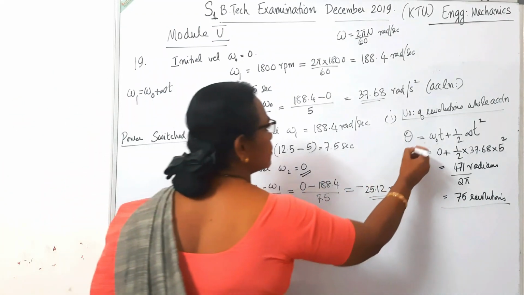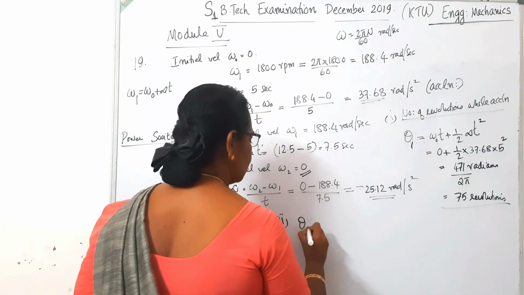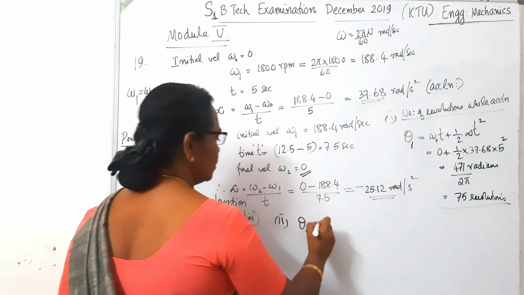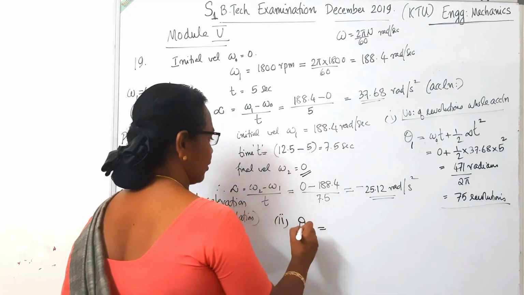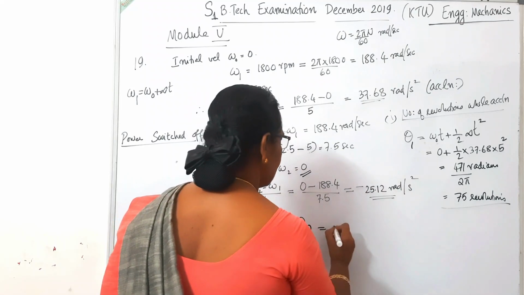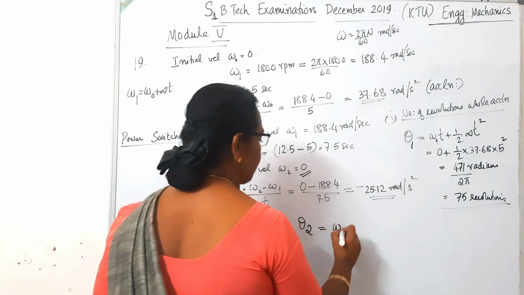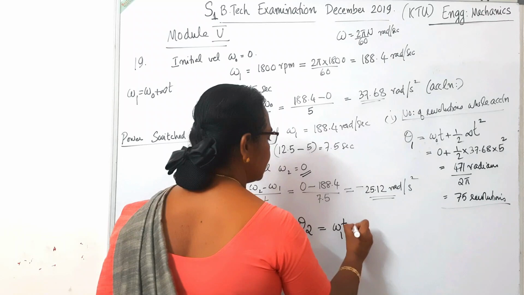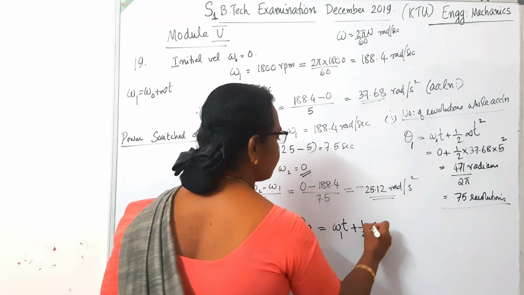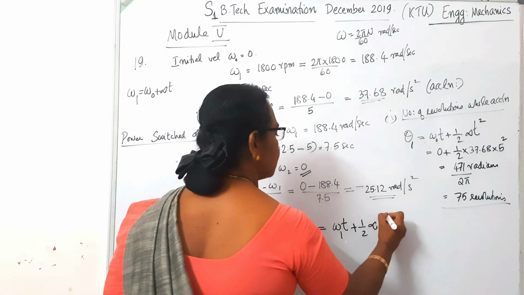Similarly, we can write here, this is theta 1, theta 2 while deceleration. Number of revolutions made while deceleration, theta 2 is equal to omega 1 t plus half alpha t square.